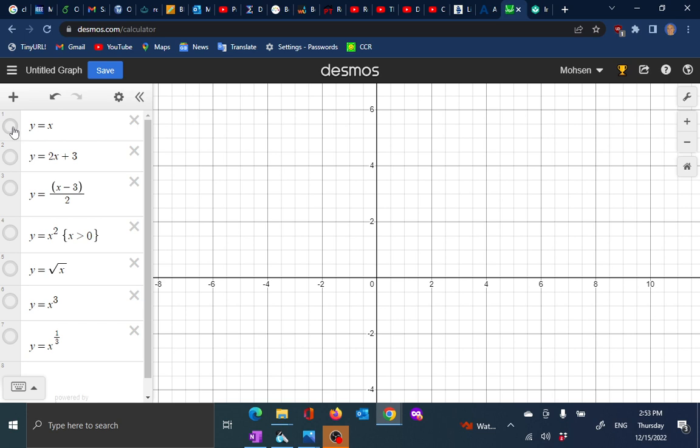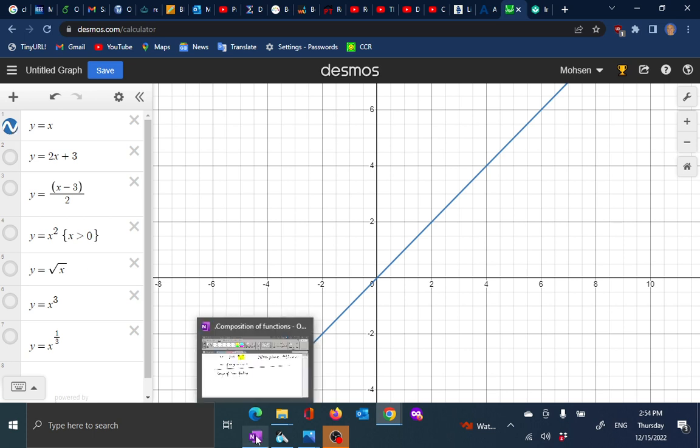Let's first draw y equal to x. That is the so-called identity function. What's the inverse of identity? It's just identity again. This function is the inverse of itself. It plays a very crucial role.